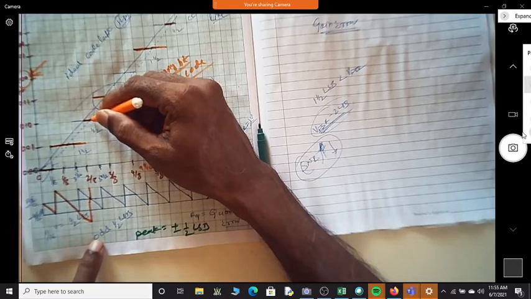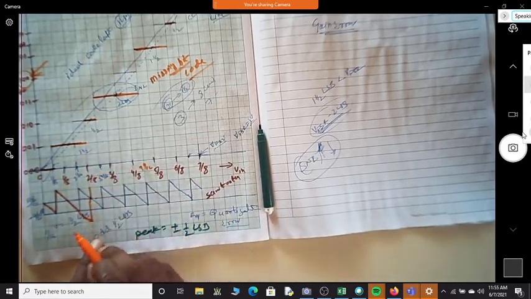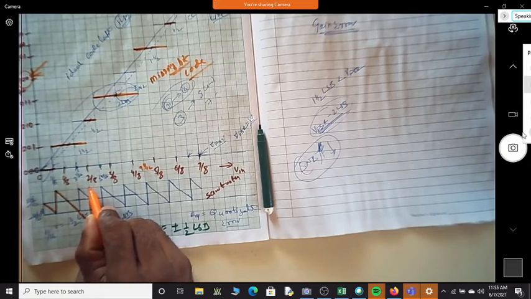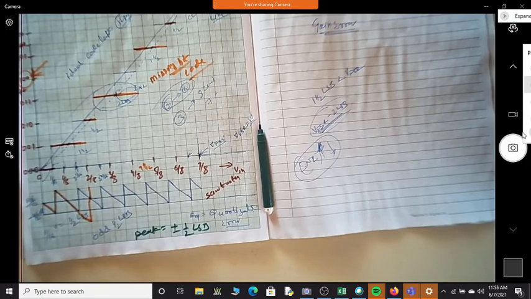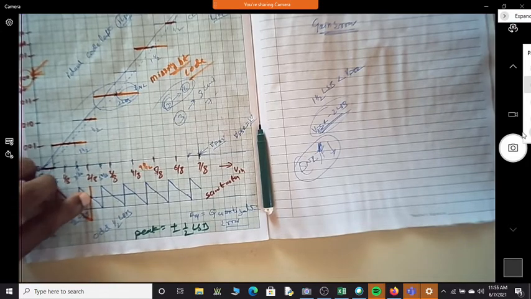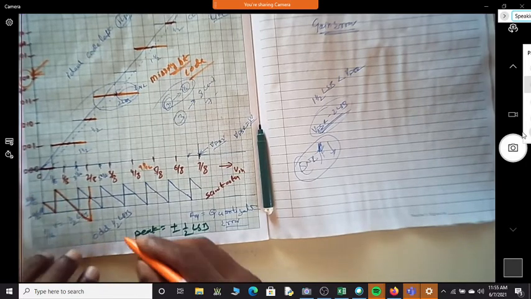Now what will happen? Will it go till this point or only till zero? Only till zero, because there is a half LSB change.